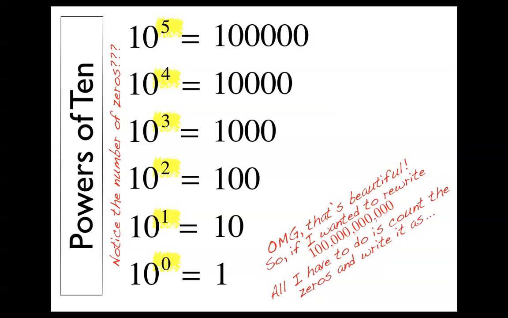And that's kind of a cool thing, because if you wanted to write a really, really long number in math, you could write it as 10 to the something power. And that's kind of how we do scientific notation. So in this example, 100 billion can just be written as 10 to the 11th power, which is a lot easier than writing 100 billion.